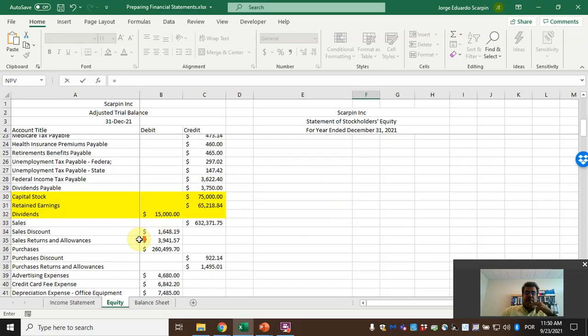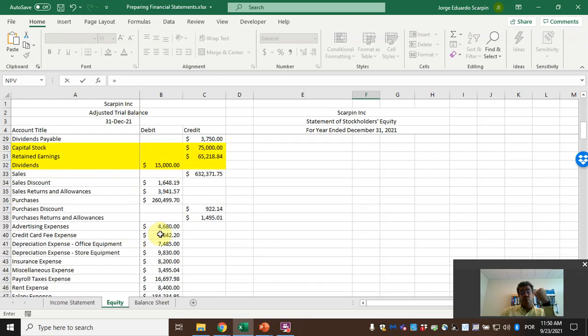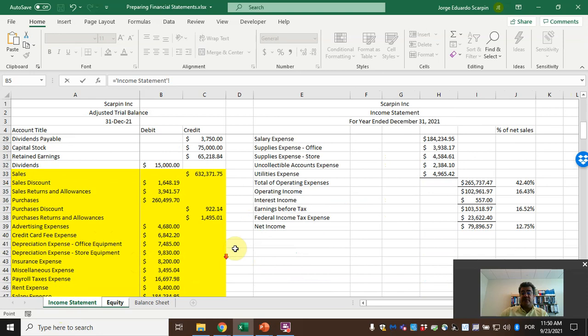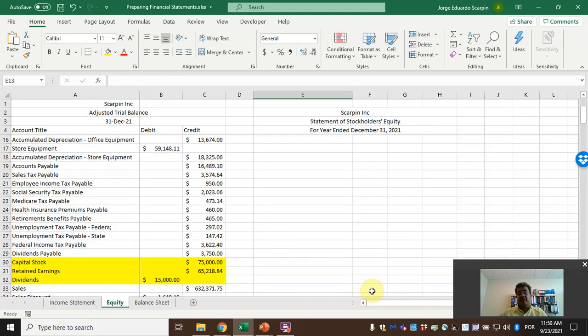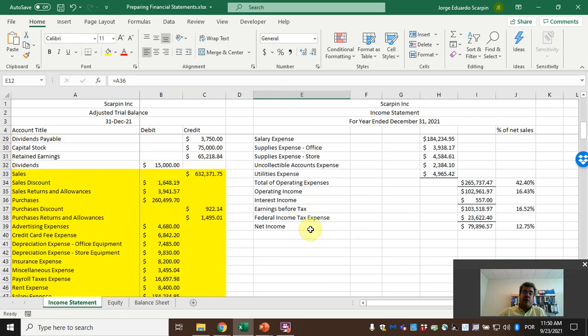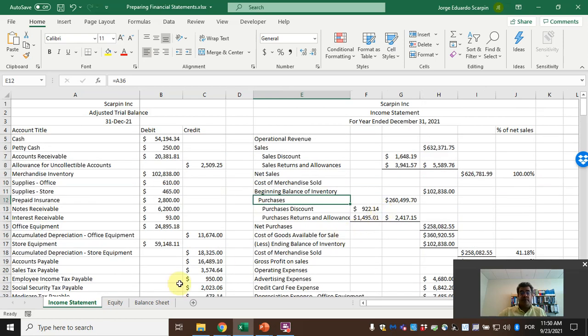We can do it based on the trial balance, but once we have the income statement, that's where we add all of these accounts here. We have the net income, 79. That is why it is important for you guys to watch the first video first, the previous video of the income statement, because it's where we tell you how we did this income statement.